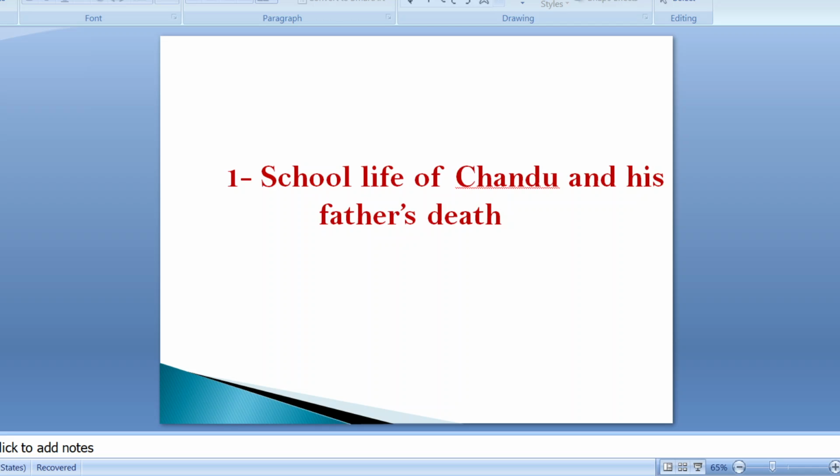Let's have a look at our first point of this story, the school life of Chandu. As we previously discussed, Mulk Raj Anand's story Barber's Trade Union is the story of a barber boy named Chandu. His father died early, but had taught him his professional skill quite early, and had started sending him in the village for shaving and hair cutting.